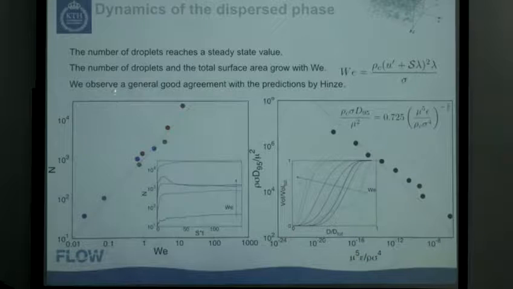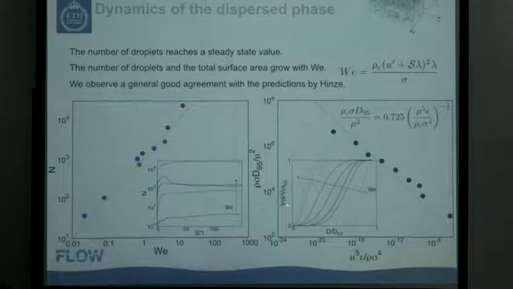Now we compare here with the theory by Hinze, which relates the largest size of droplets possible in the flow to the turbulent dissipation. Droplets will not be larger than a certain size, because above that size they will be immediately disrupted by turbulence. So what we did was count the number of droplets.